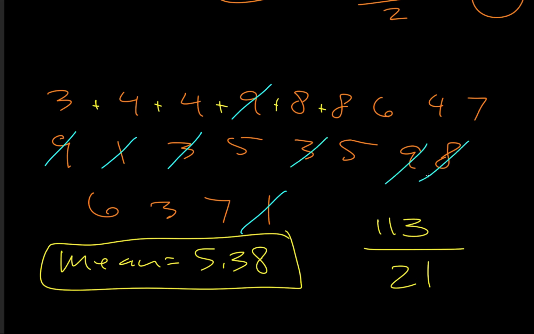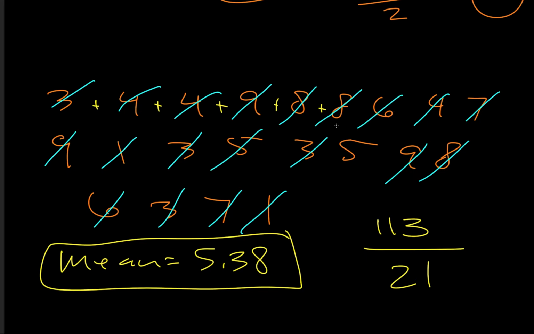Low 3, high 8, low, high, low, high, low, high, and so the middle value is a 5, so the median is 5.